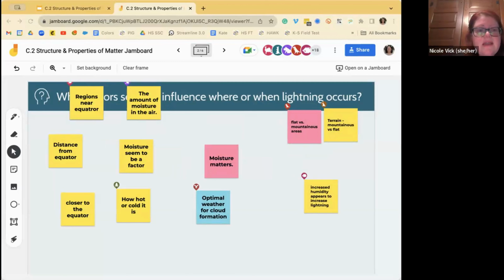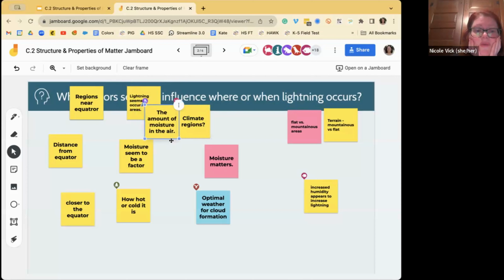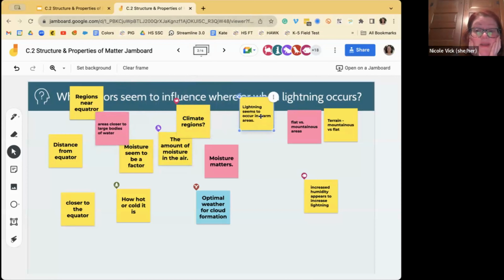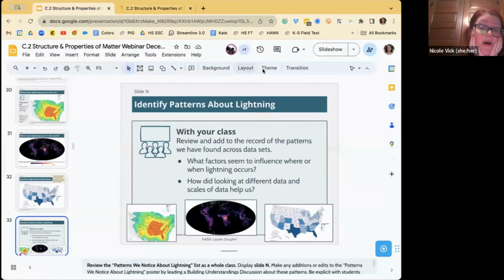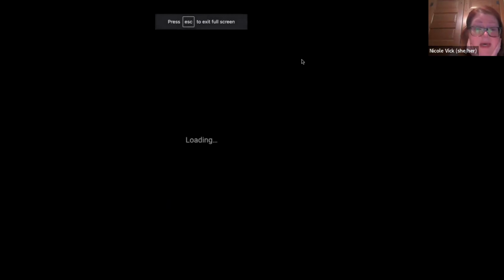So we're starting to see some ideas and patterns in here: moisture is a thing, maybe elevation is a thing, and then global location, is it more towards the equator? We're starting to come up with some really great ideas and thinking about patterns. So let's think about developing some initial models.